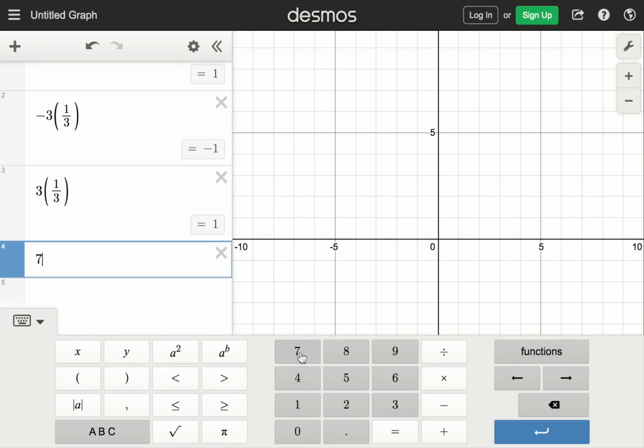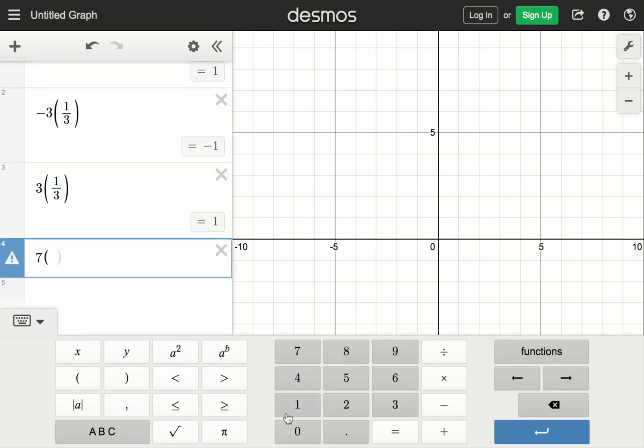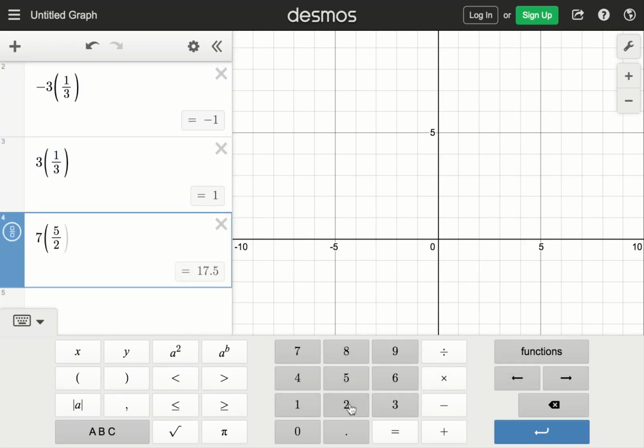For example, let's say you were trying to do 7 times 5/2. You would get 5, division symbol, 2, right arrow to get out of the denominator, close it again with parentheses, and you can see that 7 multiplied by 5/2 is 17.5. So that's just a quick demo on how to use Desmos's graphing calculator to multiply with fractions.